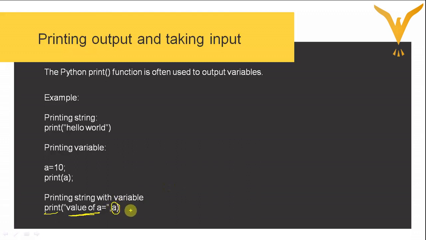Okay, so the output of this particular statement will be: value of a is equal to 10, the value I considered over here. So this will be the output of this particular statement.